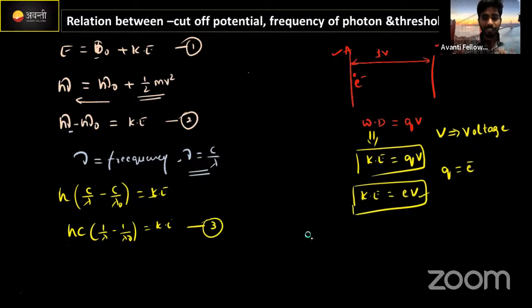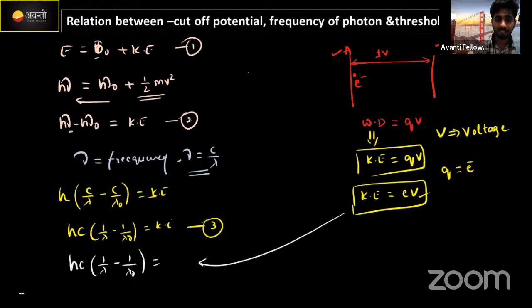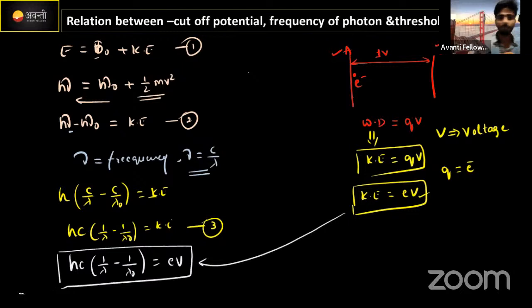Try to utilize this equation: hc into 1 by lambda minus 1 by lambda naught is equal to, instead of kinetic energy you can write e into V. This is also one of the equations. Clear? Hope it is clear.